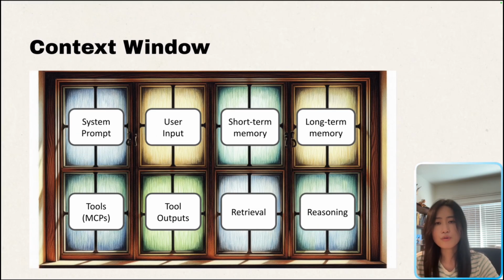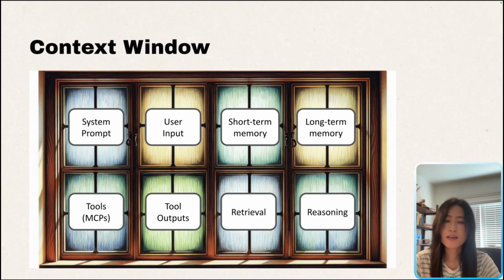And when you are using those tools to call APIs or get responses from those tools, those outputs are also under the context window. And of course, if you have an external knowledge base, any context retrieved from that knowledge base is also in this context window.